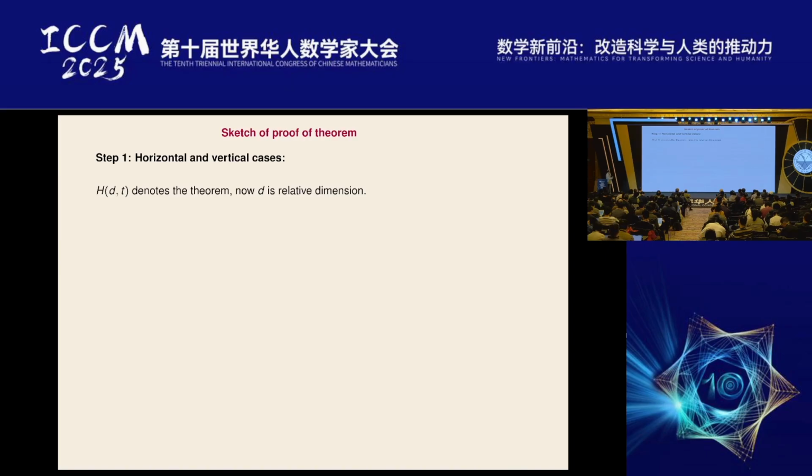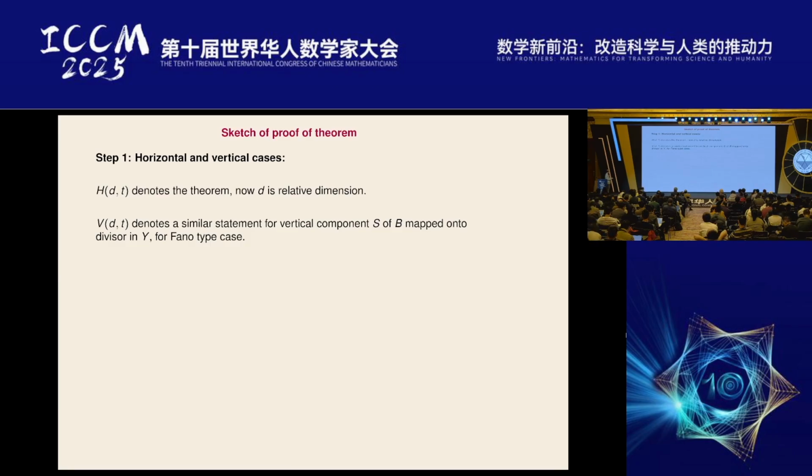So let's denote the statement of the theorem as H_d. The H is there because we are looking at horizontal components. So just to remind you of horizontal, this is just the statement of the theorem, where now d is the relative dimension. But in fact, we also need the vertical version, but not in full generality because it fails, but instead we put a bit more extra structure.